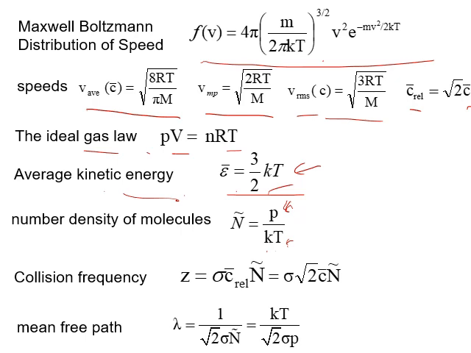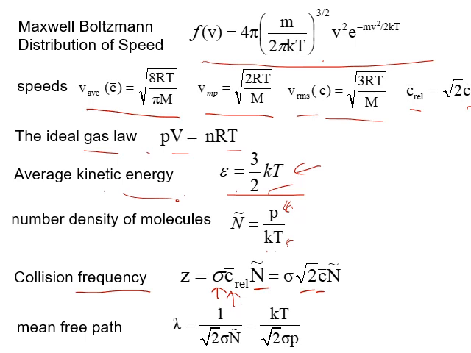And the collision frequency is the number of collisions one molecule makes every second. It's proportional to the size of the molecule, the cross-section area, which is the measure of the size, times the relative speed, or square root 2 times average speed, times number density. So the more dense, the more collisions. The larger the molecule, the more collisions.